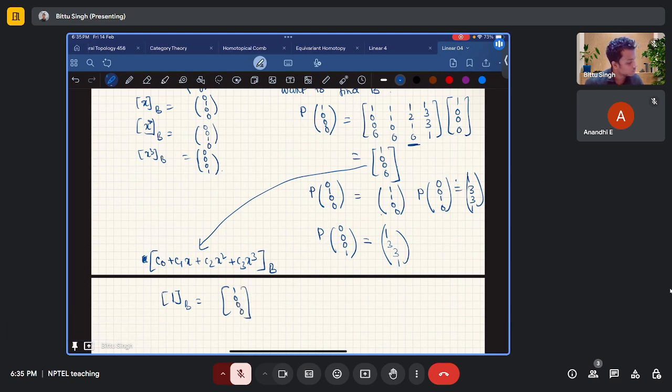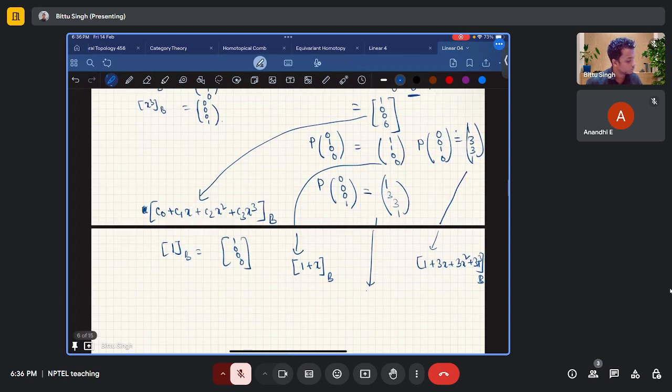Similarly, if we see 1 1 0 0, this is actually coordinate of 1 plus x, and this third thing, it is coordinate of 1 plus 3x plus 3x square plus x cube, coordinate of this with respect to standard basis. And fourth, this is actually 1 3 3 1.